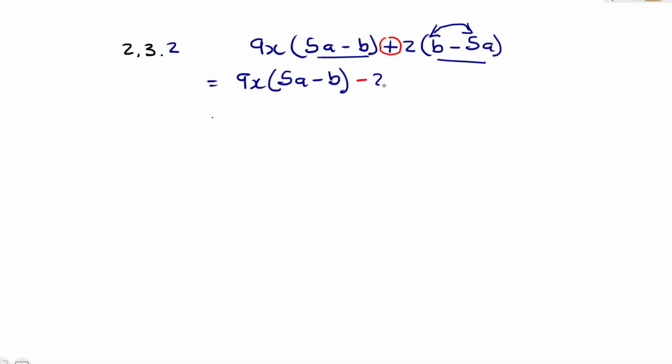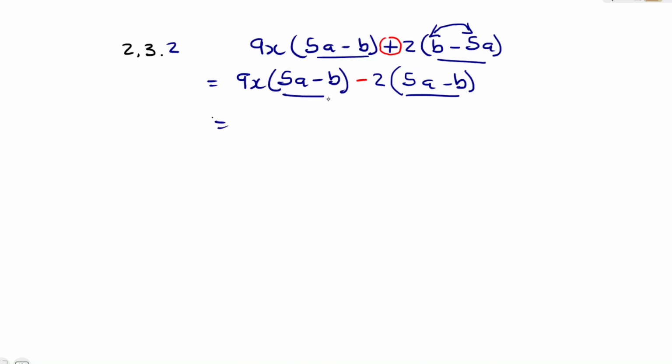So we're going to have negative 2, then I can change it to 5a minus b. So I change that b minus 5a to 5a minus b. But when you change that, remember the sign that was in front of this bracket, which was positive 2, it will become a negative.